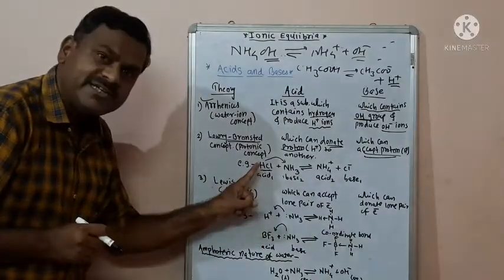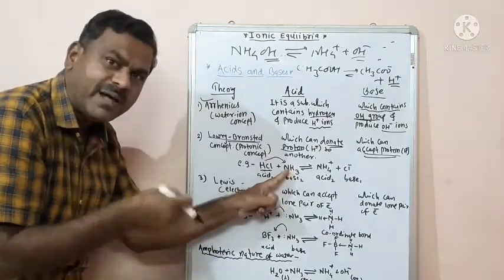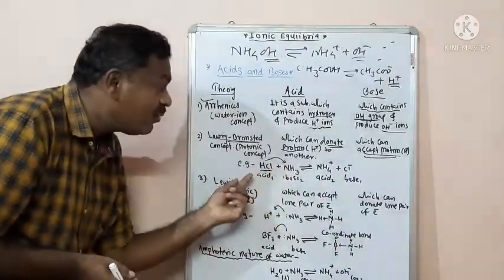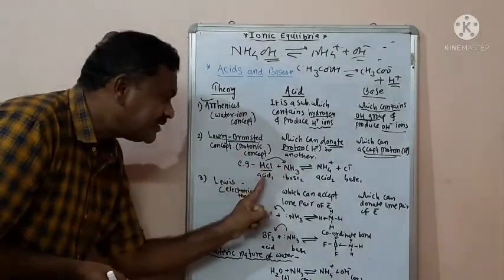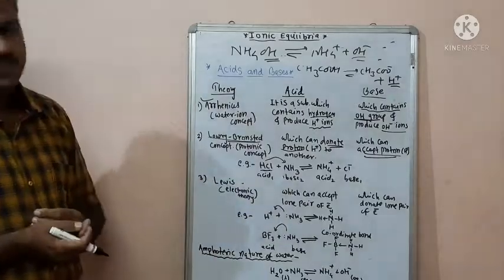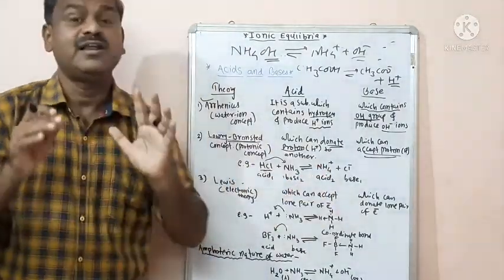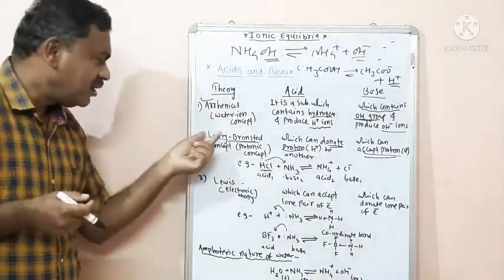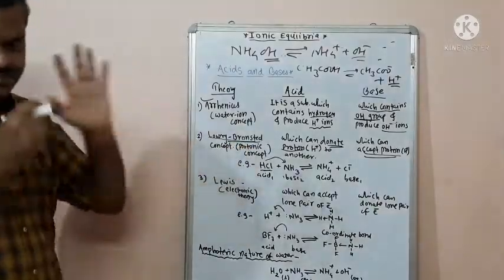HCl is an acid because it donates one proton to another substance, and ammonia is a base because it accepts one proton from another substance, forming the ammonium ions and the Cl minus ions, according to the Lowry-Bronsted concept, also called the Protonic concept.